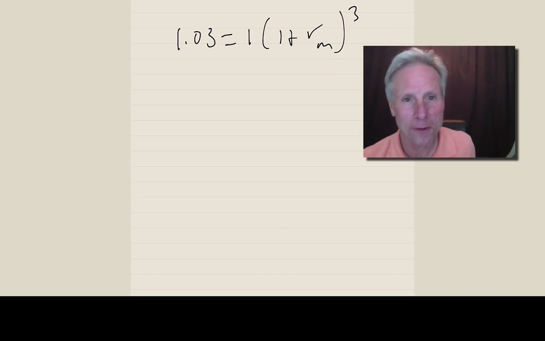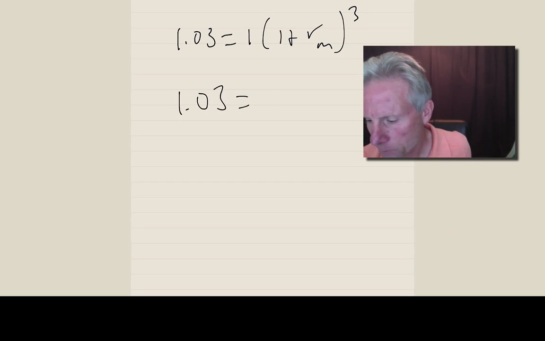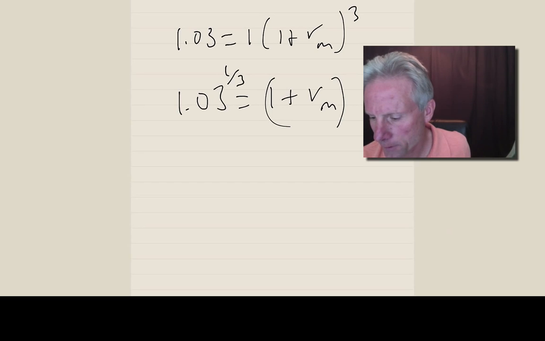Okay, so there's the formula. Sorry, my writing is not that good. So what I'm going to do is take the cube root on each side. So 1.03 equals 1 plus Rm. The cube root to the third and the 3 over 3 to the third, so that just goes away.